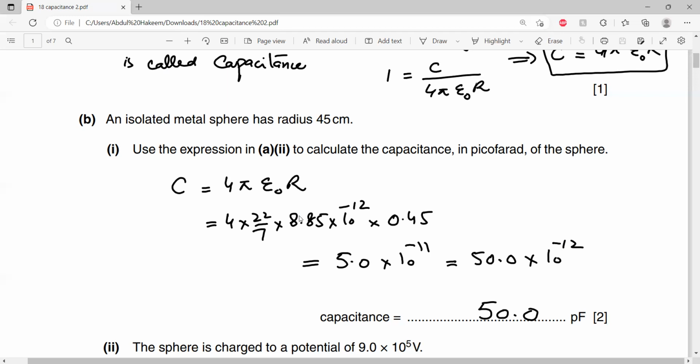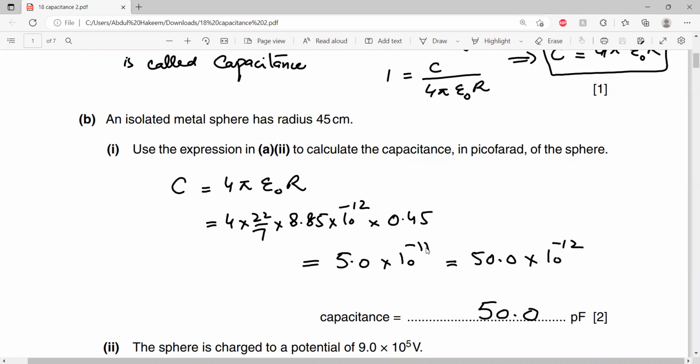Epsilon naught value, on page number 2 of the question paper, is 8.85 times 10 power minus 12, and the radius is 0.45. So after calculation, the answer comes 5 into 10 power minus 11, but we have to write in pico. So it will be 50.0 into 10 power minus 12 because pico is minus 12. So the answer is 50.0 picofarad.